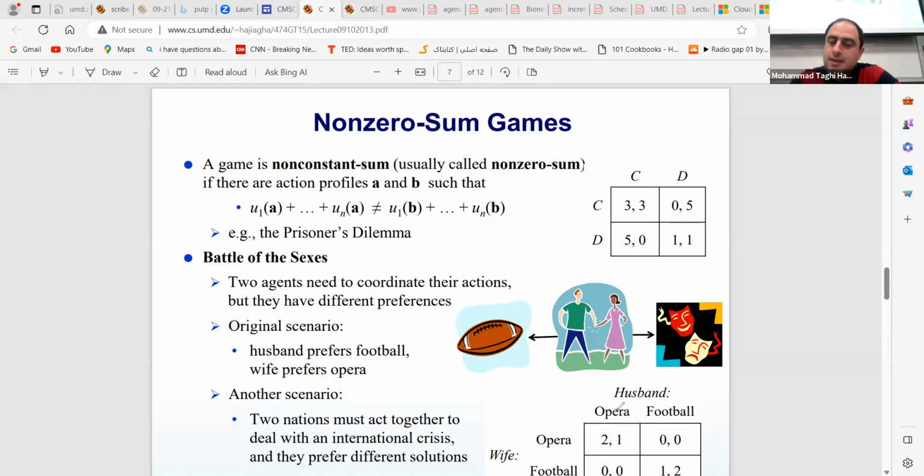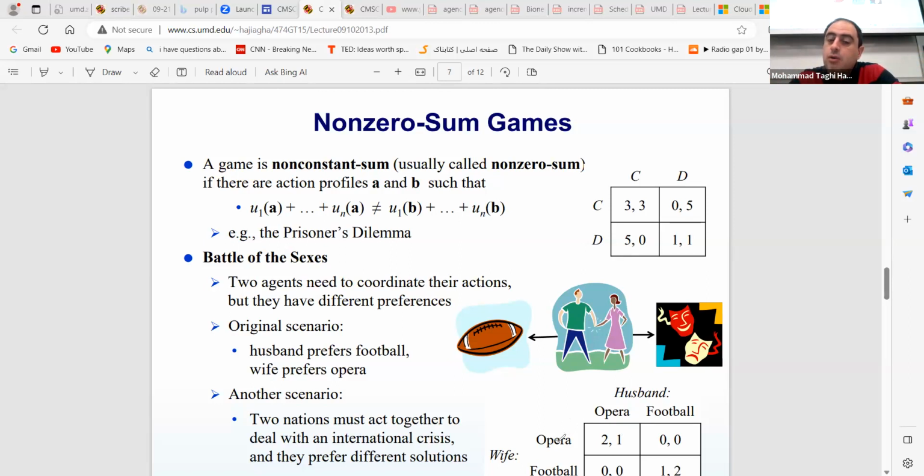So if the wife and husband each decide individually, simultaneously, whether to go to opera or football: if both go to opera, then the wife gets a better preference, but the husband is not unhappy as well, as they will be together, so it is 2-1.